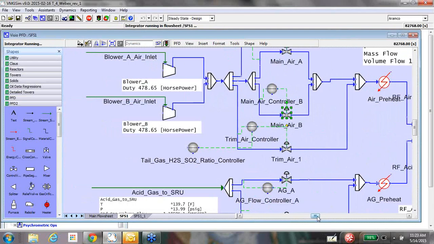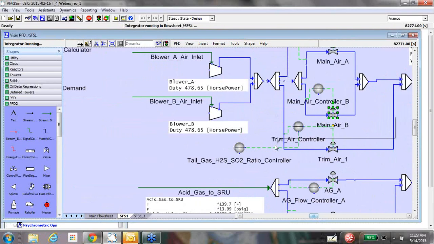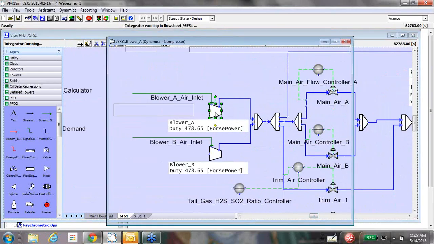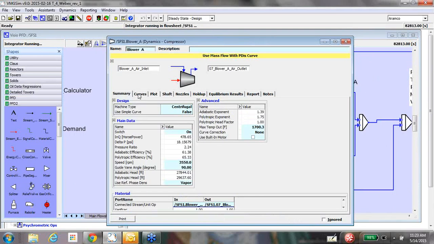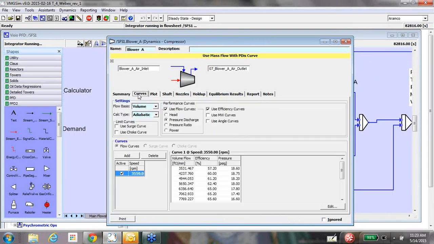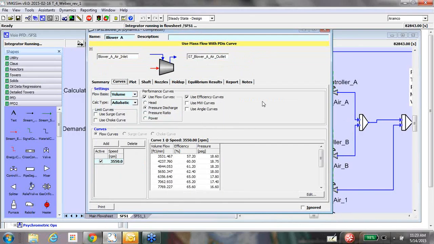Other considerable information we also inserted is in terms of the blower curves. We are fortunate that we are able to get the performance curves for the blower, and we also incorporated them in this model.